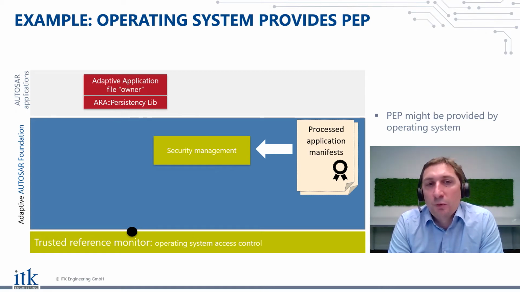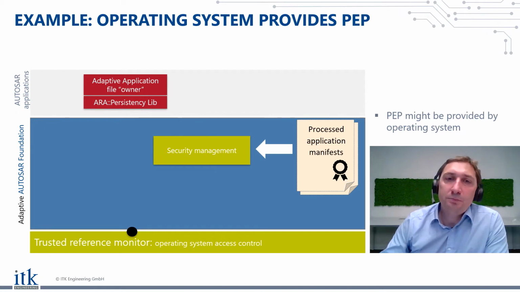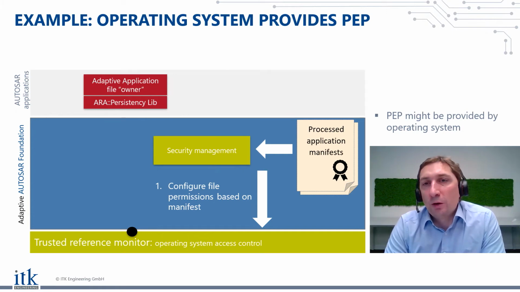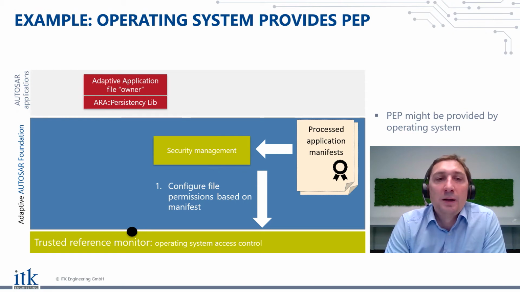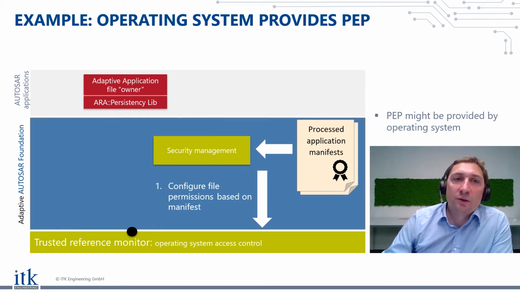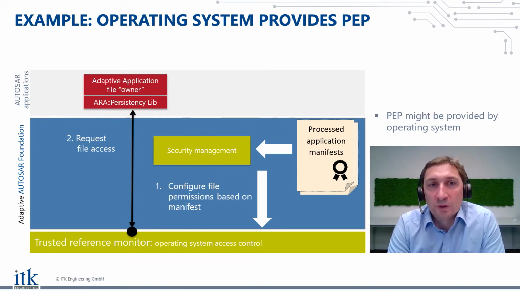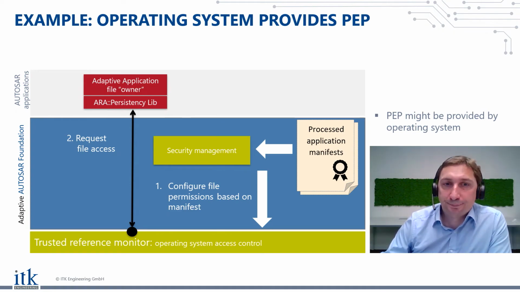In this case, you have the operating system itself as a trusted reference monitor, as a policy enforcement point. And of course, in this case, security management will configure the operating system, so setting permissions on files, for example, so that during the request of the application, the Unix discretionary access control can enforce your policy.